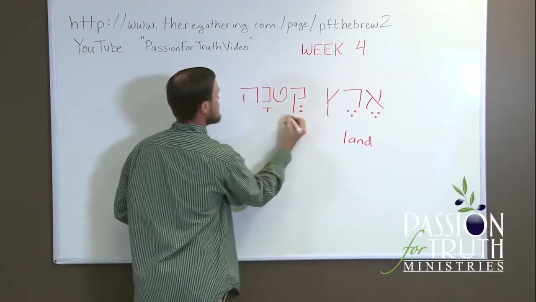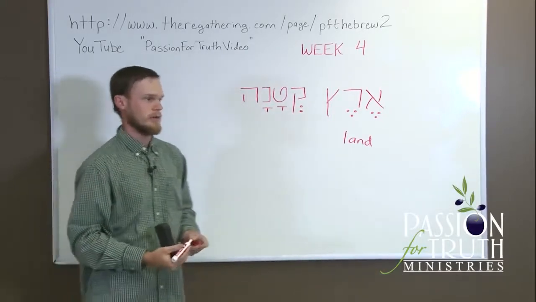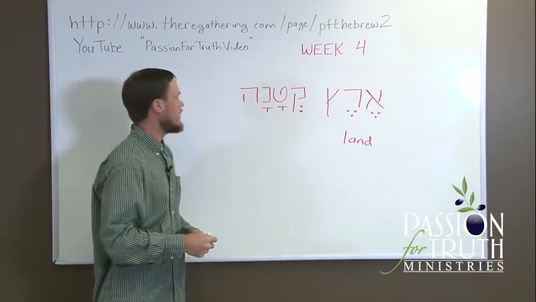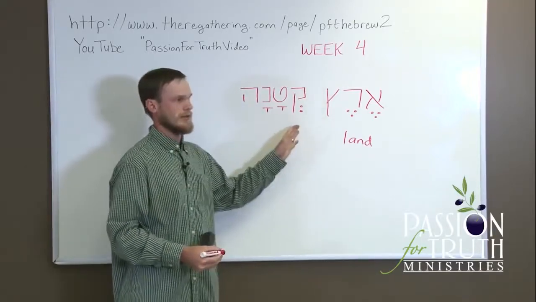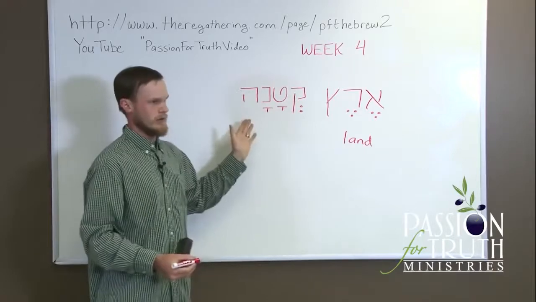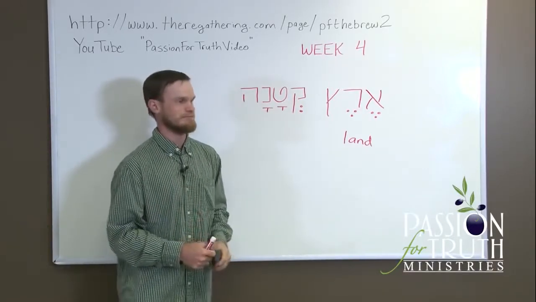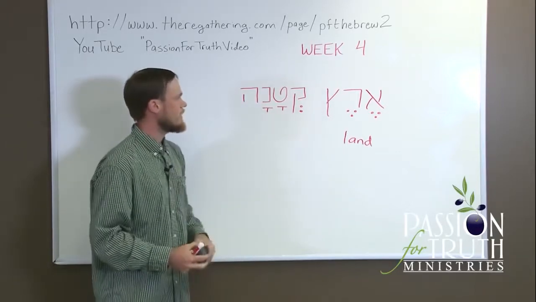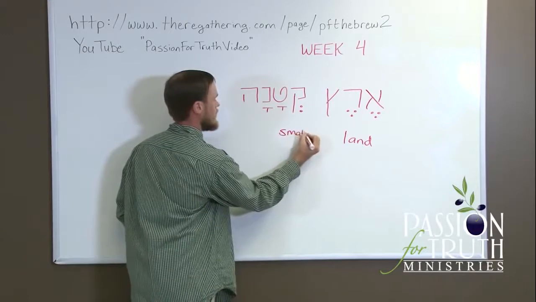And a lot of times there's also a vowel change that will occur in conjunction with this. I don't want to go into detail on that because I'd have to cover a whole lot more rules in order to do that. Don't worry about that so much. As long as you've got the ending correct, masculine or feminine, I'm going to say you're good. Okay, you got the idea. All right, so Eretz Katana would be a small land.